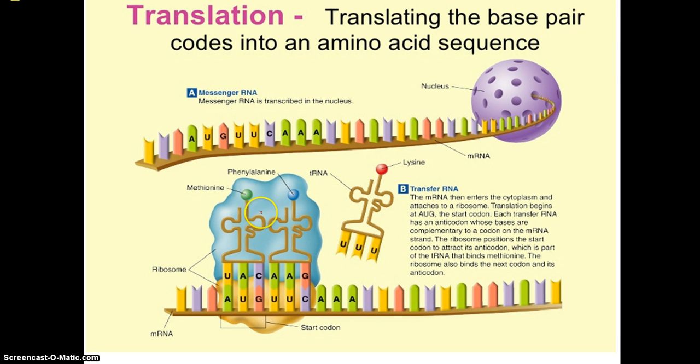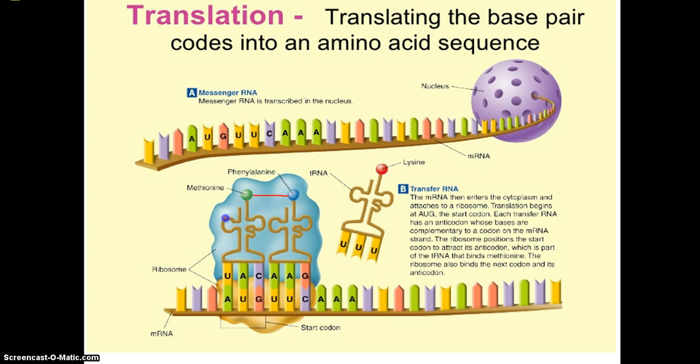The next step, the ribosome reads the next codon, which is UUC. What goes with the UUC? That's AAG. So in AAG, the ribosome facilitates that bonding, and that has a phenylalanine amino acid on it. What the ribosome will do is it'll make a peptide bond between these two amino acids, just like that.